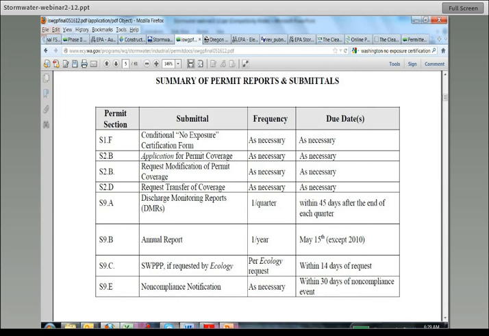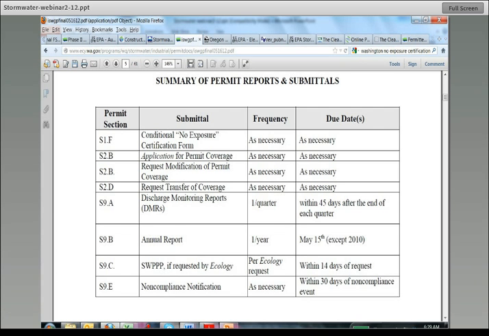Here's another piece of information that you might find on your stormwater permit. It talks about the different forms and when they're due and how often they're due. And here is an example of a discharge monitoring report, on the 5th category down, that is due every quarter. So here the folks who get this general permit in the state of Washington for industrial facilities would have to submit some kind of a discharge monitoring report once a quarter.